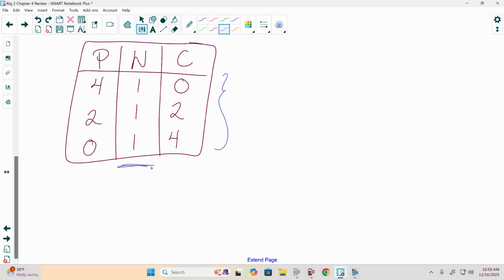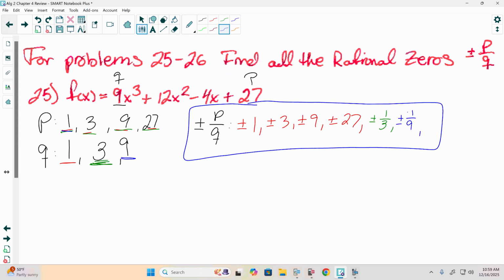Does that make sense? Essentially, it gives us a way to see what the solutions are and what they can't be. If I find one negative, well, it's either 4 positives, 1 negative, and 0 complex, and so on. I found one negative. Like we had with this one here, -3 works. That means -1, -9, -27, -1/3, and -1/9 are gone because we can only have one.